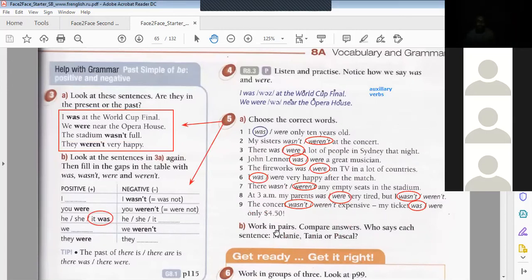Who says each sentence? Melanie, Tanya, or Pascal? Can you remember? Sentence number 1, I was only 10 years old. Who said this? Can you remember who? Was it Melanie, or was it Tanya, or was it Pascal?